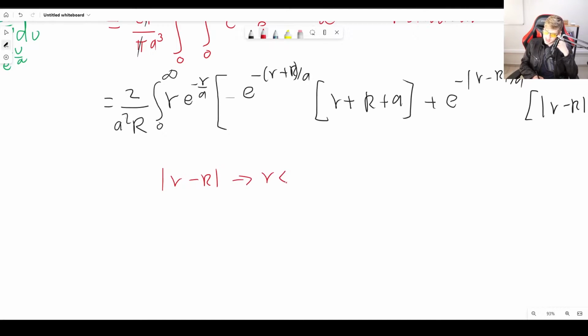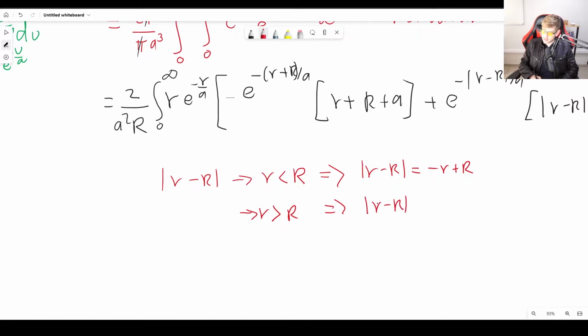So if r is smaller than big R, then the absolute value will be minus this, because if this smaller r is smaller than the big one, then we will have a negative number, and we're not supposed to get a negative number out of an absolute value, so we have to put a negative sign in front. So that means that we get minus r plus big R. And in the other scenario where r is greater than big R, then there is no problem, it will always be positive. So in that case, we simply take the absolute value out and we get r minus r.